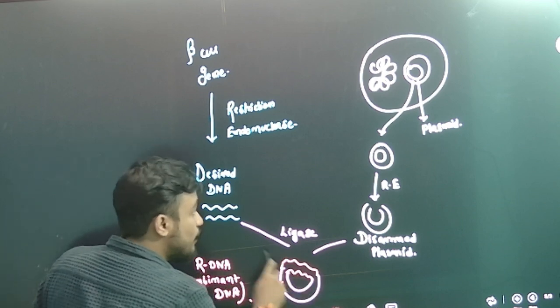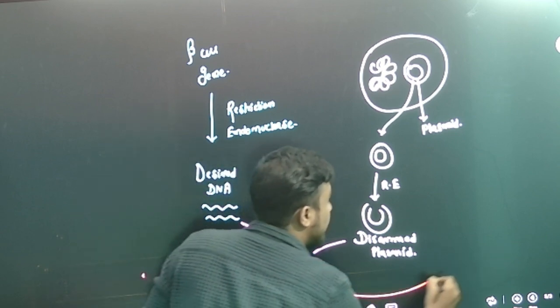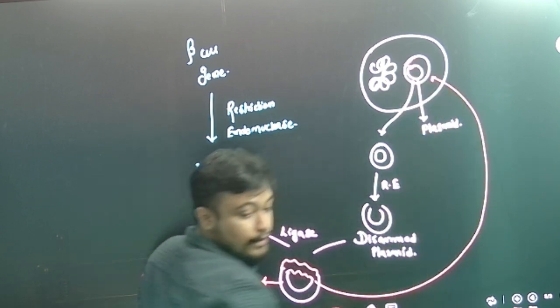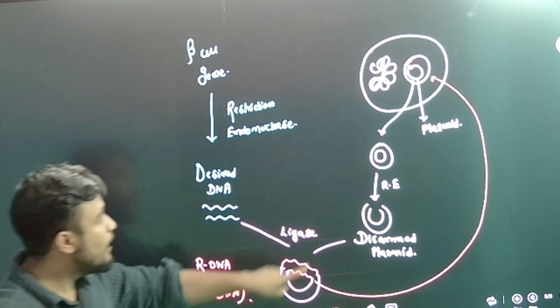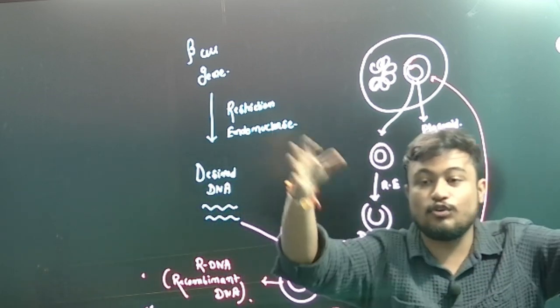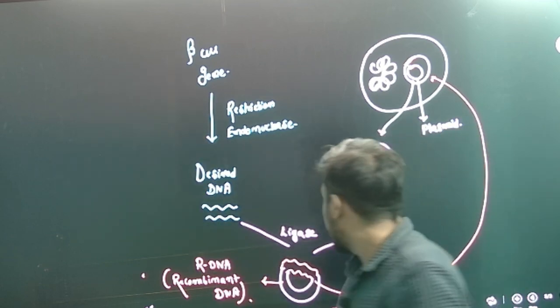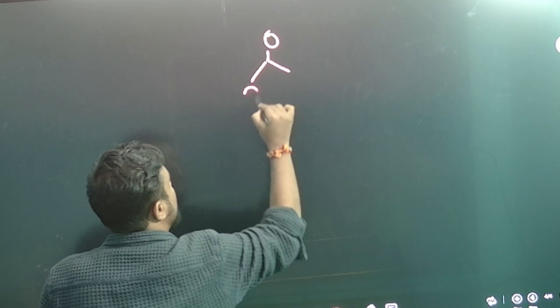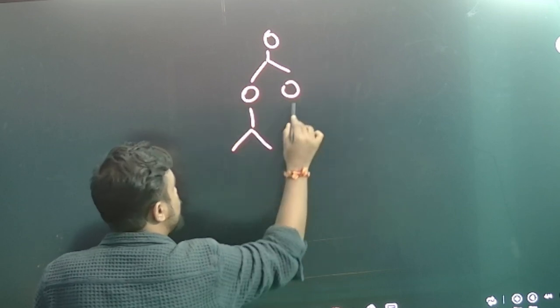Now what did the scientists do? They put that recombinant DNA into the body of the bacteria and allowed the bacteria to grow, to reproduce. Now we all know that bacteria reproduce at a very fast rate, from 1 to 2, from 2 to 4.